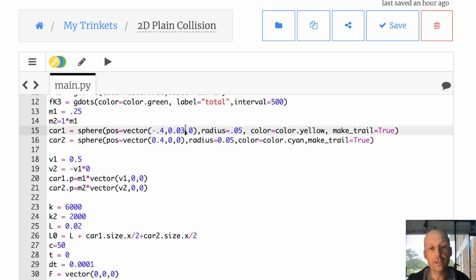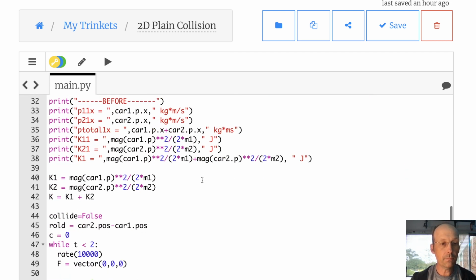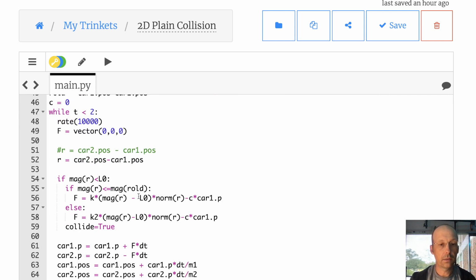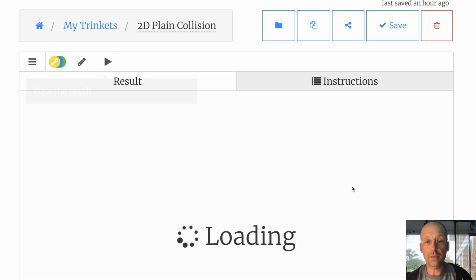I start this one a little bit in the y direction because I want them to move towards each other and have a glancing collision. Otherwise, you don't get that to work. I calculate R. This is an inelastic two-dimensional collision, which is easy to do. All I have to do is change those to spheres and put them in 2 dimensions, and it works. So let's run this. That's all I did.